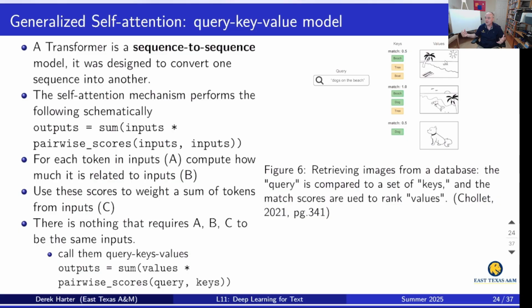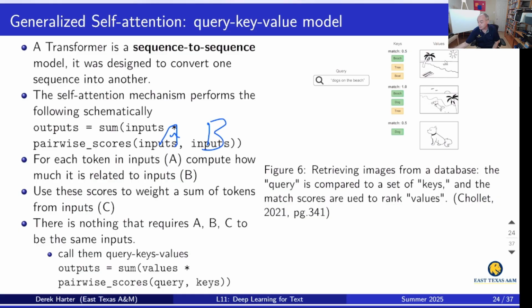So the self-attention mechanism that we described can be generalized in this manner. Schematically, it takes pairwise scores: for each token in input A, it computes how much that token is related to every token in input B. In our pseudocode before, that was the dot product between the pivot vector and every other vector in the sentence.